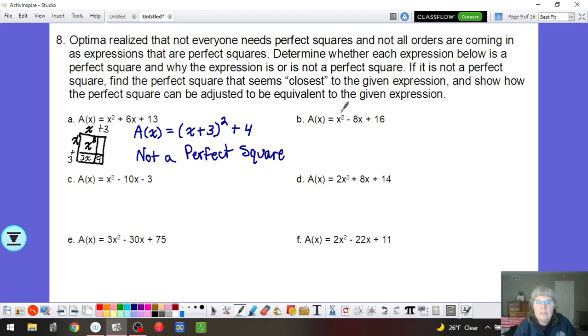If we take a look at example B, we have A of x equals x squared minus 8x plus 16. So again, half of 8 is 4, and 4 squared is 16. So this is a perfect square, and we can show that with a diagram.